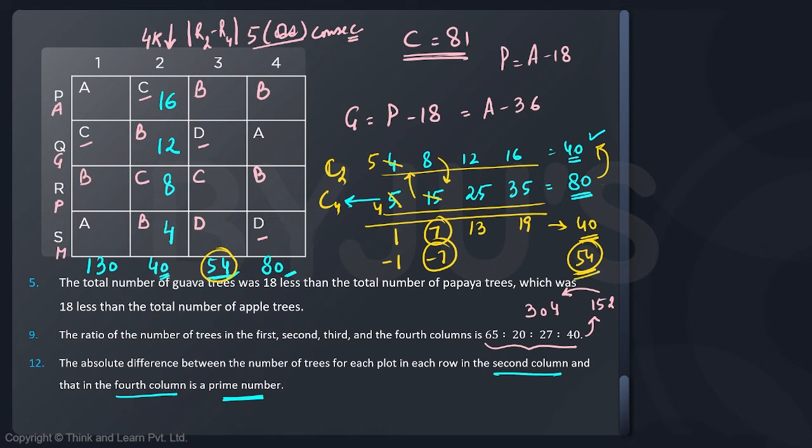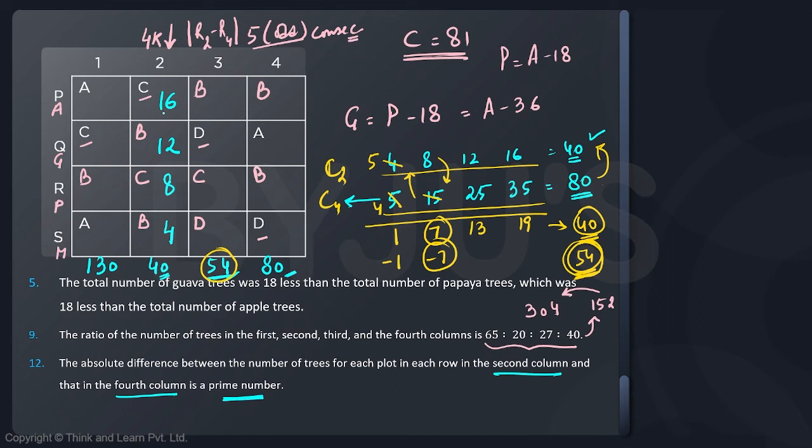So basically, currently, my difference is 40. I want a difference of 54. I want to change it by 14. A change of 14 can appear only if at one place where I was getting a difference of 7, I should be getting a difference of minus 7. A 7 should become minus 7, then my difference would increase by 14. So let me just explain what I am saying here.